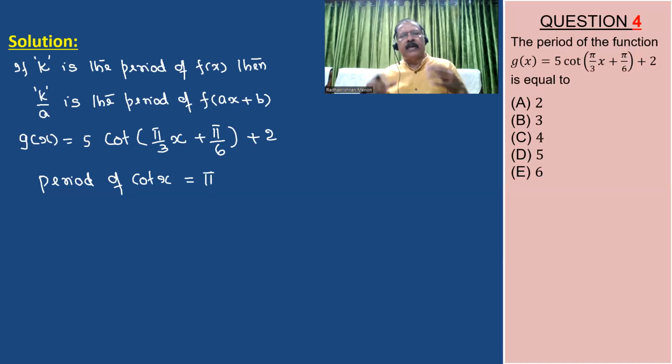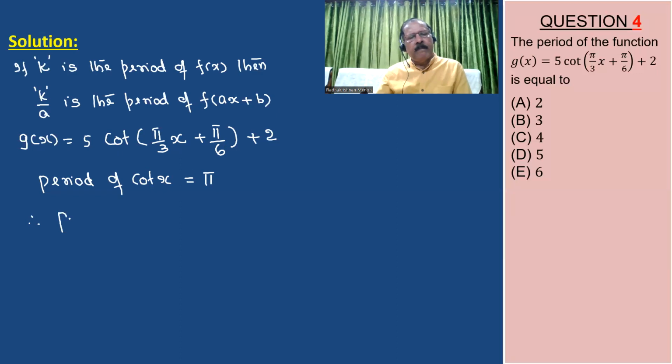Tan x and cot x are periodic with period pi. For all remaining 4 trigonometric functions, the period is 2 pi. That you have to learn by heart. Okay, now we know the period of cot x is pi. But in the place of cot x, here we have got cot of pi by 3 x plus pi by 6. It is of the form ax plus b.